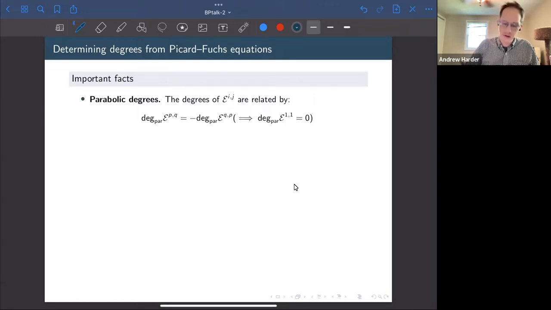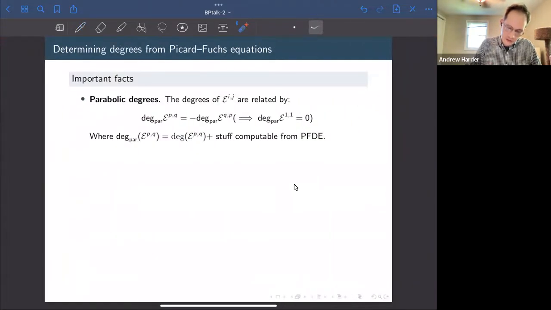And it takes a couple of different pieces of notation that I'll mention. So first of all, we use what's called the parabolic degree of these Hodge bundles. The parabolic degree is just the actual degree of these bundles with some extra stuff which can be computed from the Picard-Fuchs equation.